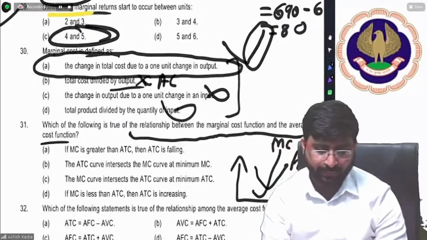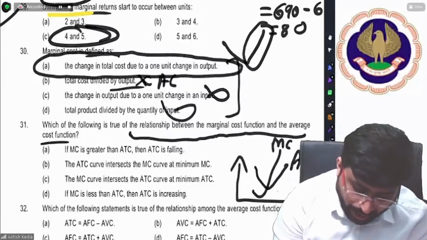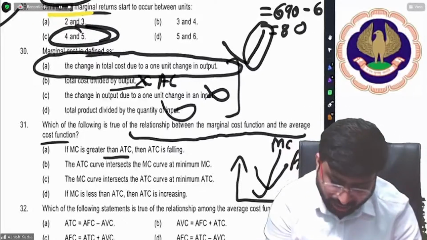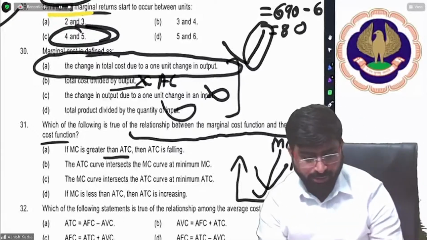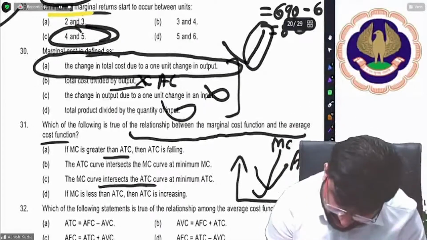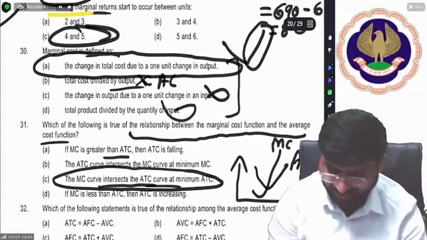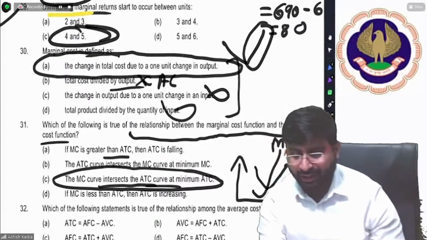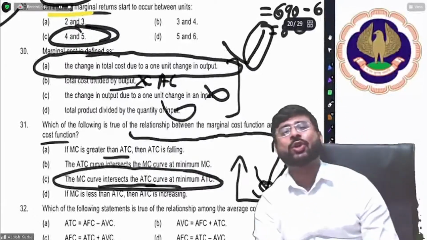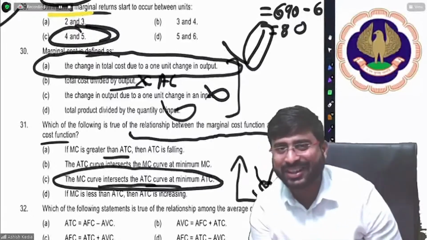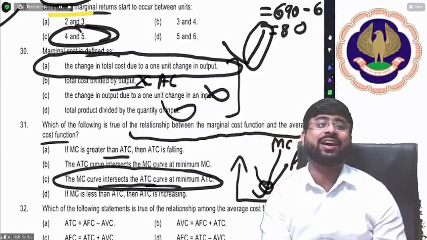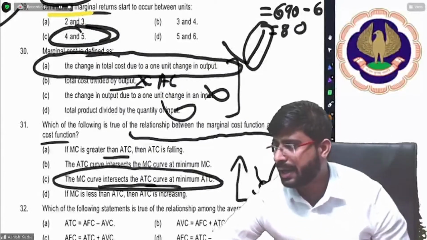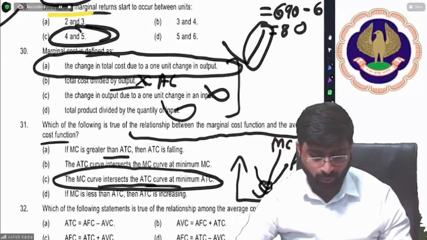If MC is greater than ATC, ATC falls. ATC curve intersects MC curve at minimum MC. MC curve intersects ATC at minimum ATC. Yes, I told you that MC is like a motivational speaker. It meets AC at its lowest point in life, and beyond that they rise further. Sir, we remember this. Very good, very good.